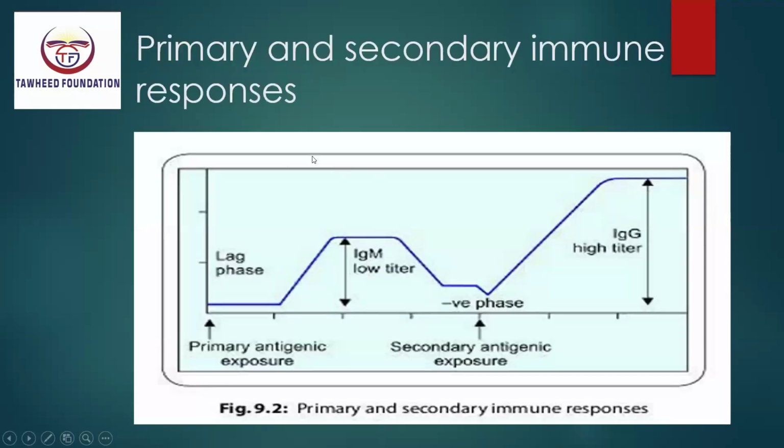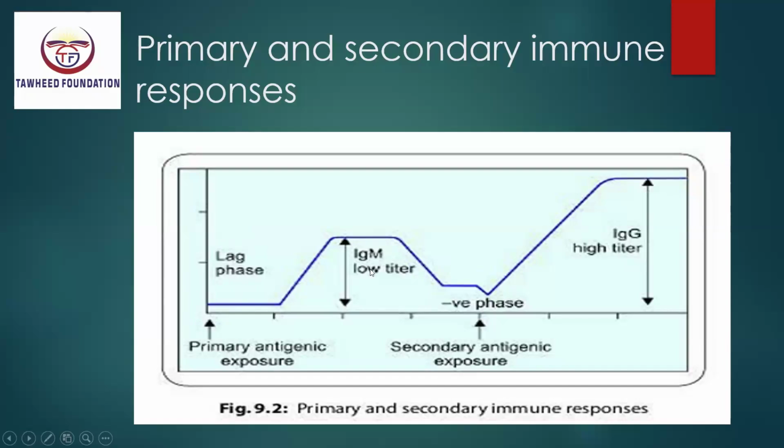In this diagram: primary antigen exposure, lag phase. Upon the first exposure to an antigen, a foreign substance, there is a delay called the lag phase before an immune response is detected. Here immune cells recognize the antigen and prepare to respond.